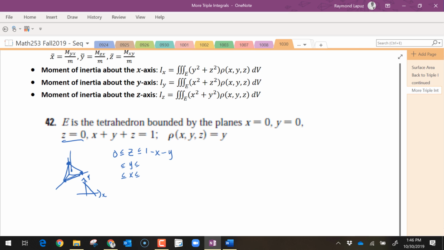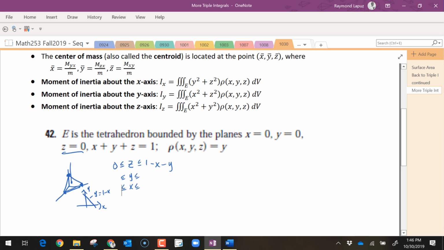Same sort of function, right? y equals 1 minus x. That should be z. Wow, good catch. Okay.